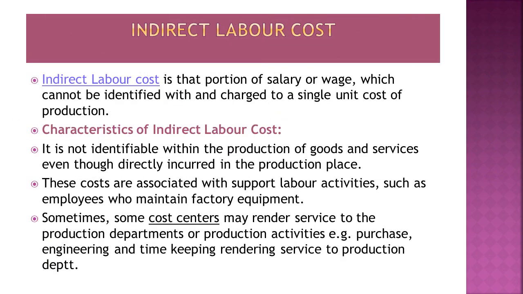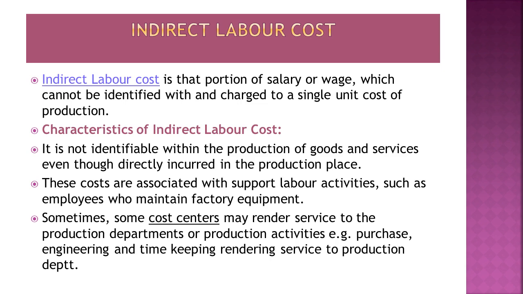Next is indirect labor cost. Indirect labor cost is not easily traceable to a particular product, job or work order, and hence it forms a part of the indirect cost, that is the factory overheads or selling and distribution or administration overheads. So it depends on what sort of work is being done.